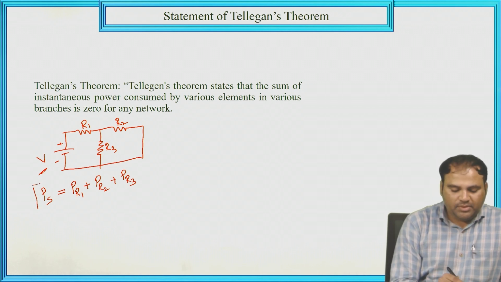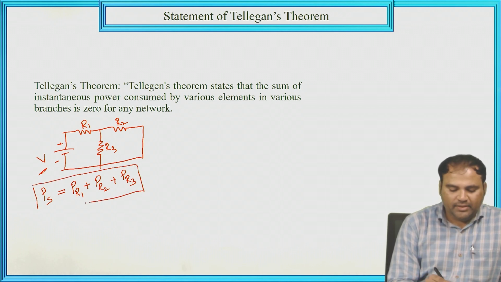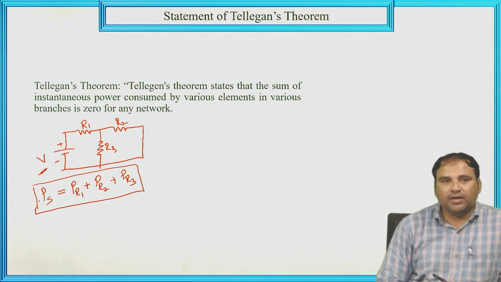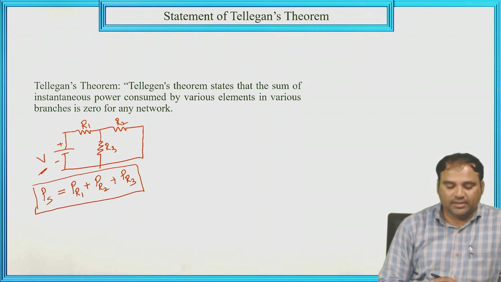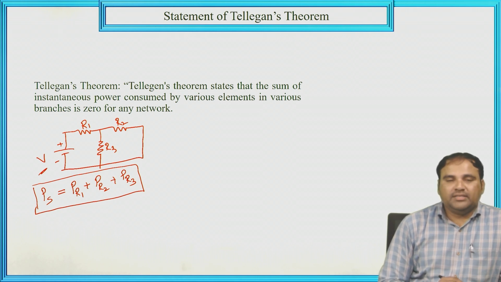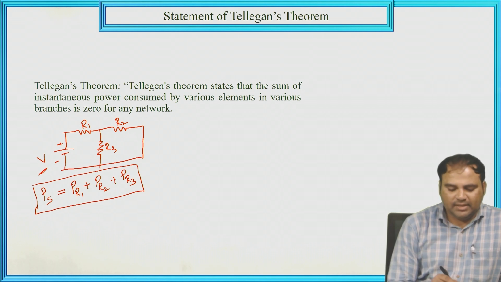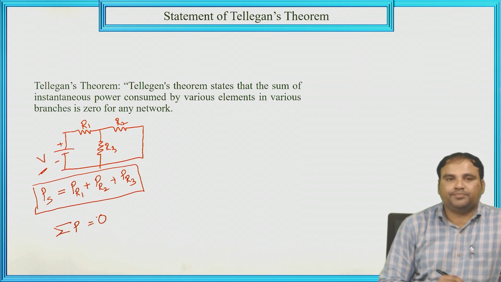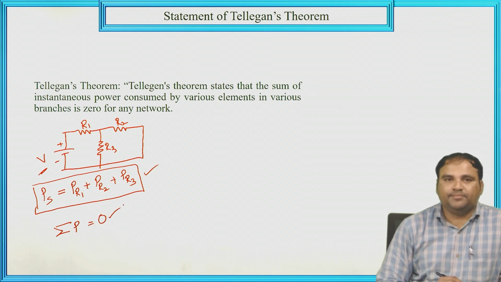The power from the source should be equal to the power across resistors R1, R2, R3. Or we can also say the total power across each and every element is always equal to 0, that means summation of P is equal to 0. We have to equate these.